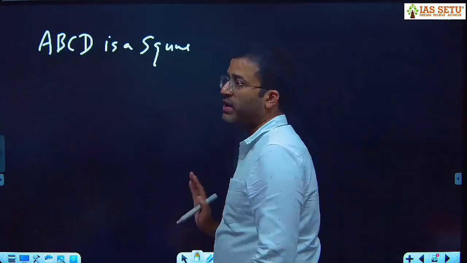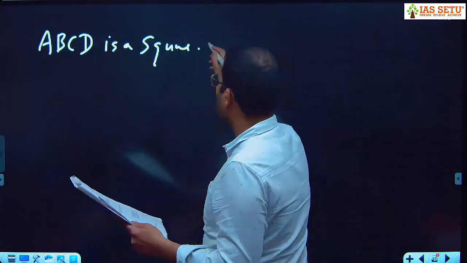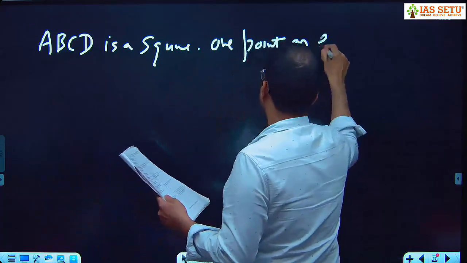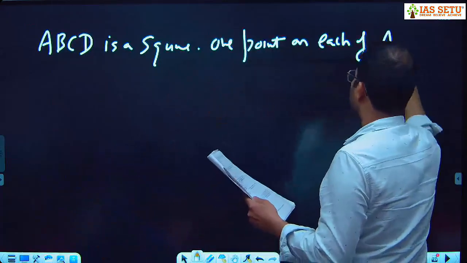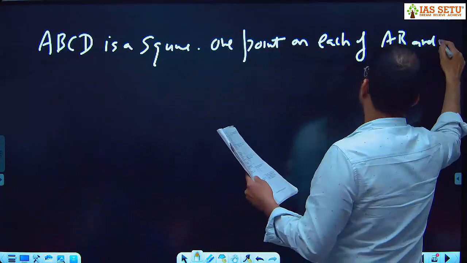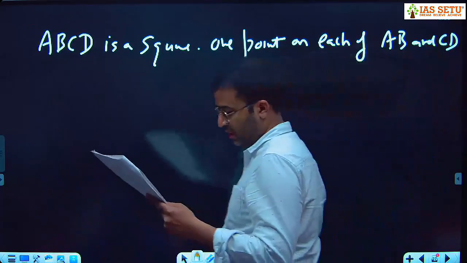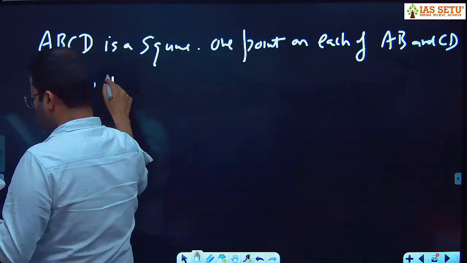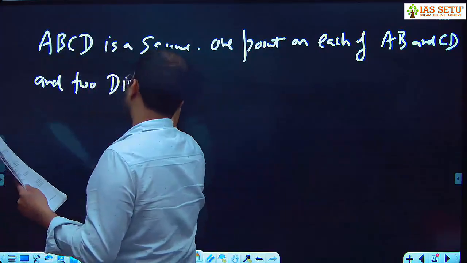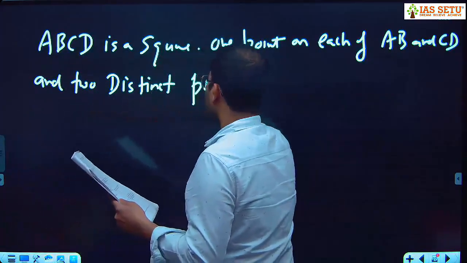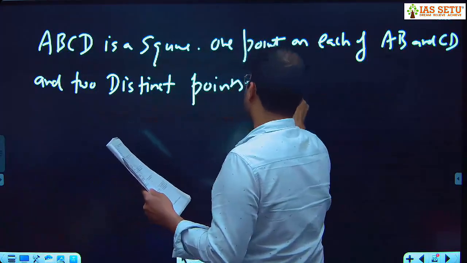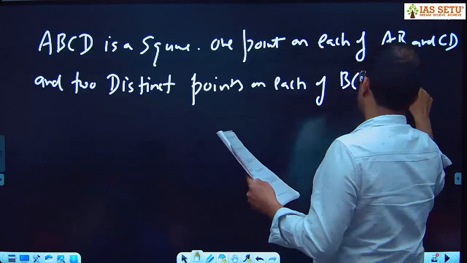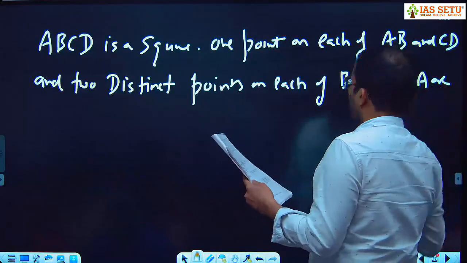You will say, oh, this is a 5-second question. One point on each of AB and CD, and 2 distinct points on each of BC and DA are chosen.